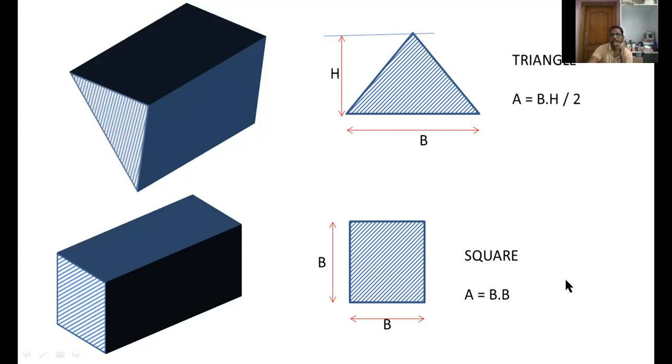Now these are the important cross-sectional areas from our subject's point of view.